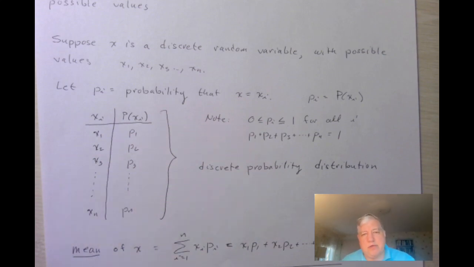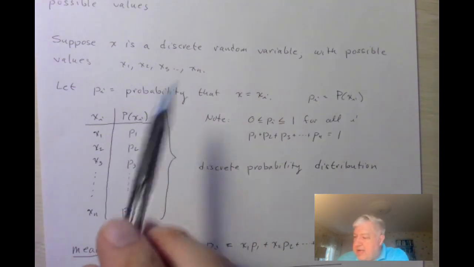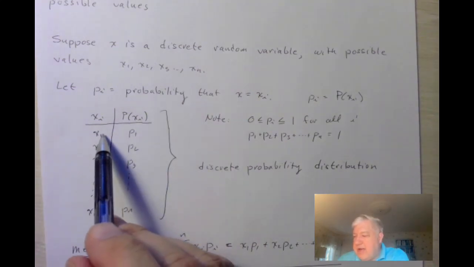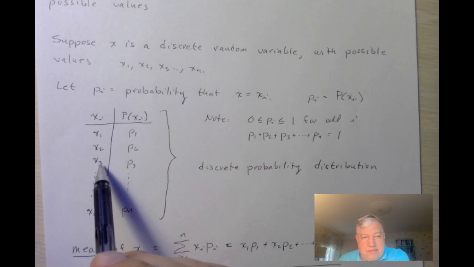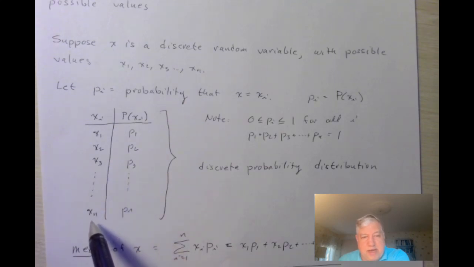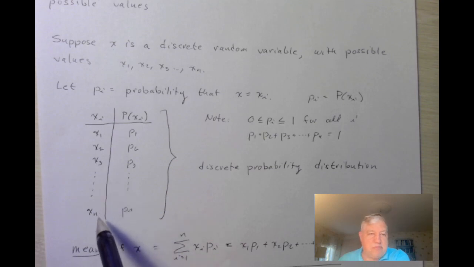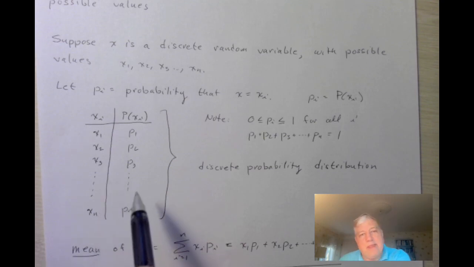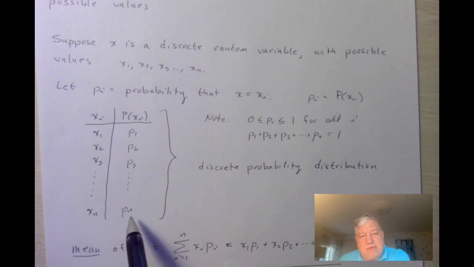So the probability that x is equal to x1 or x2 or x3, all the way up to xn, the probability that x is exactly one of these is 100%, or just 1. So that's why the sum of these probabilities has to equal 1.